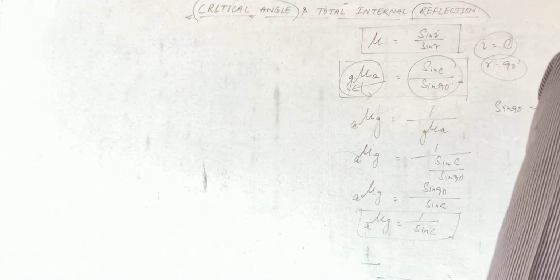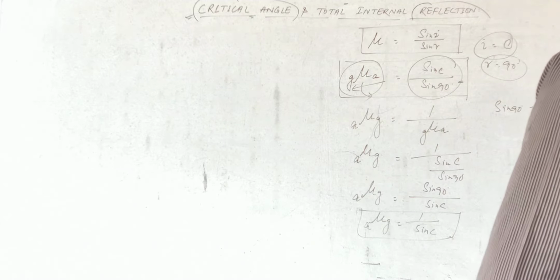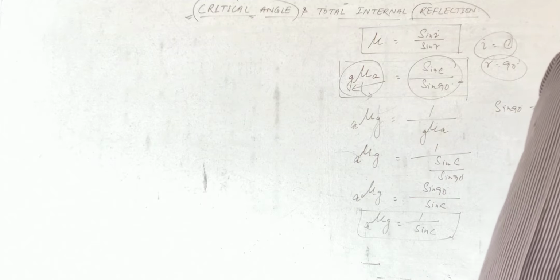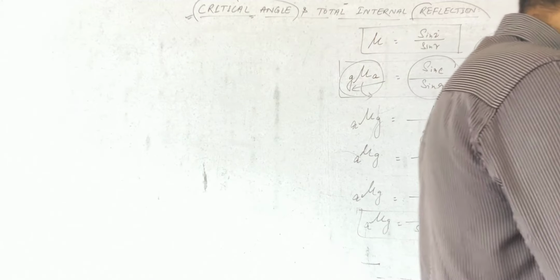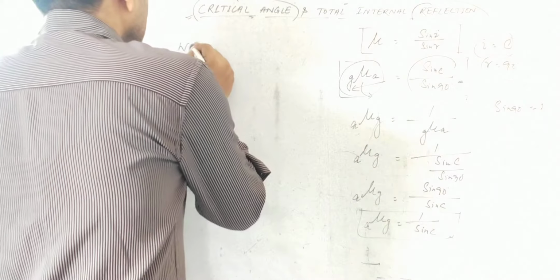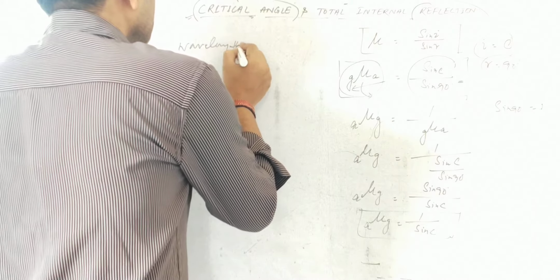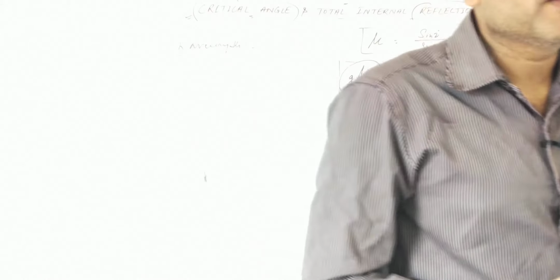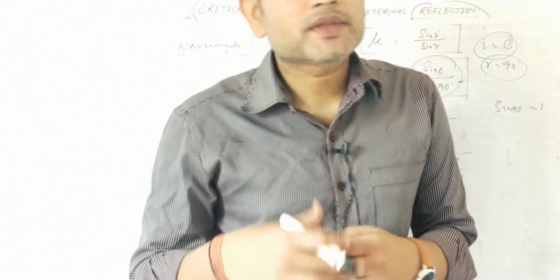After that we will do the factors affecting the critical angle. Now what are the factors? The critical angle depends first of all on the wavelength. With an increase in the wavelength, the critical angle of a substance increases.